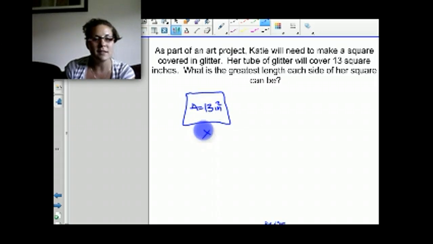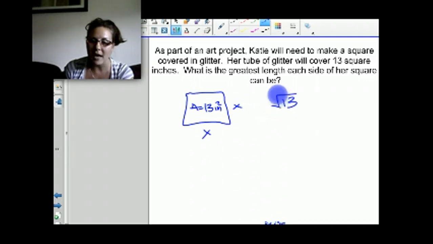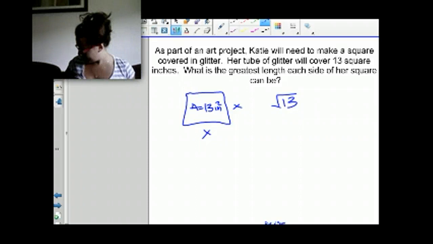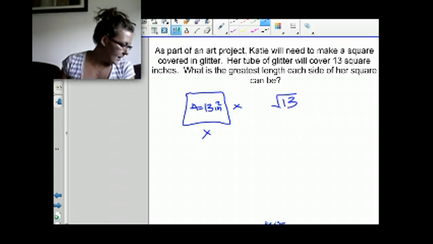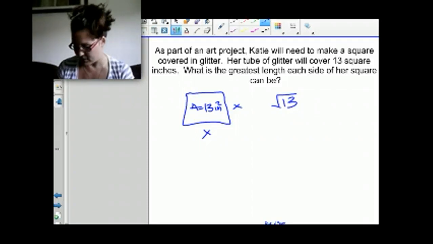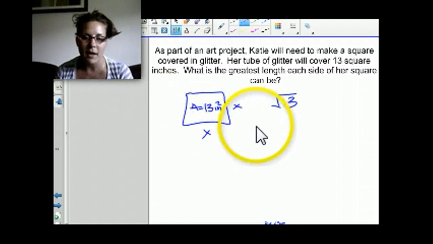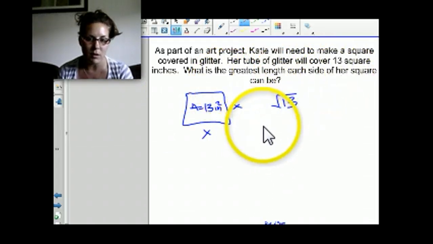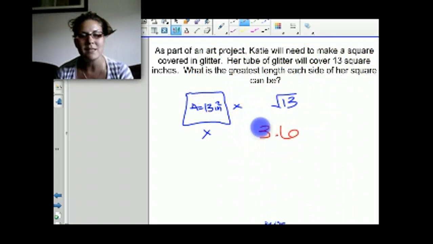Since the side lengths of a square are always the same, x times x, I find this out by taking the square root of 13. So pull out your handy dandy calculator, find the square root of 13, and I get 3.6 when I round. So my answer is 3.6 inches.